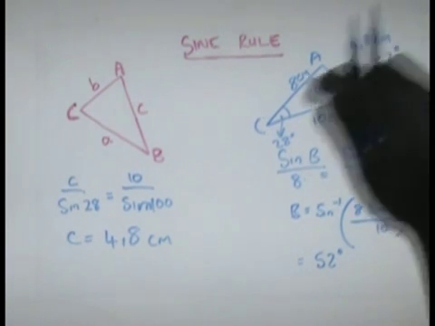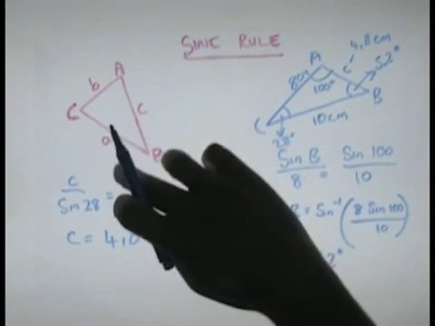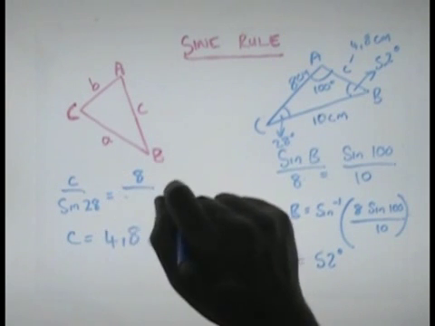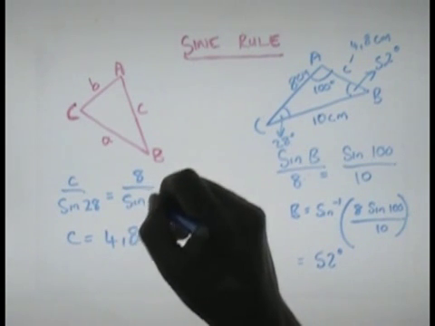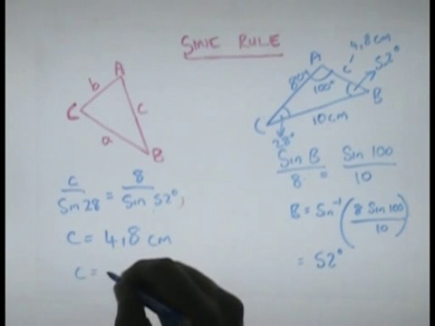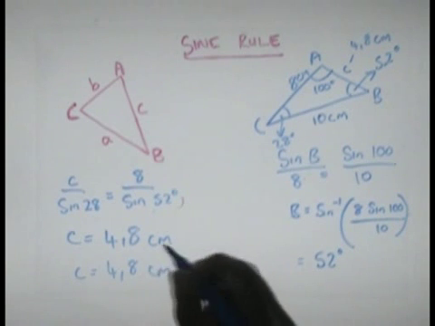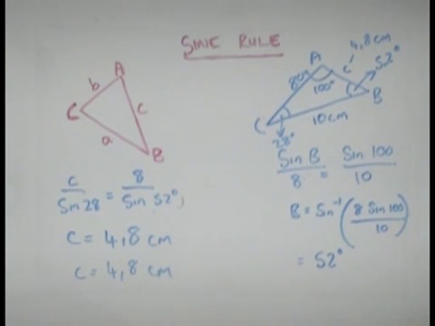You can check that by saying C over sine C. Shouldn't that also equal B over sine B? Well, let's check it out. 8 divided by sine 52 is equal to 10.15 multiplied by sine 28 is equal to also 4.766 or 4.8. So rounded off, it does work out to the exact same thing.